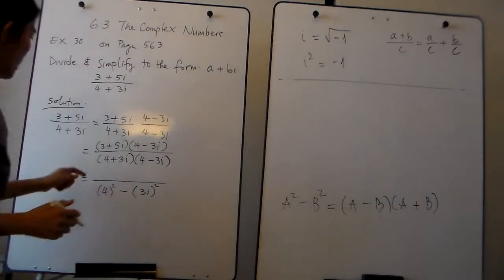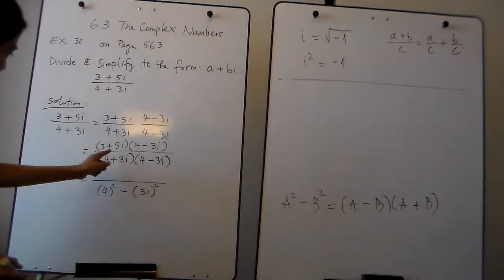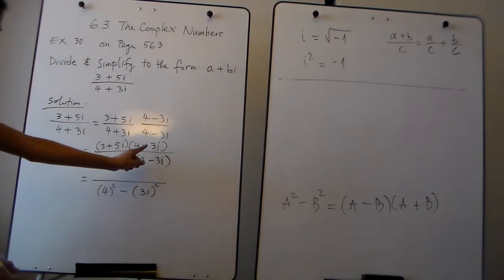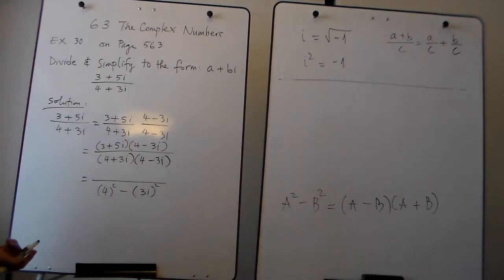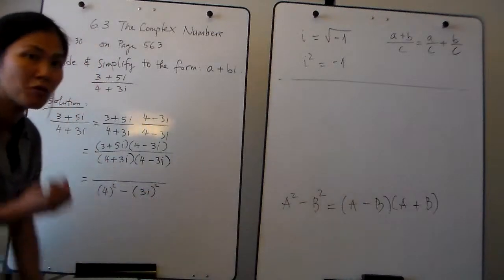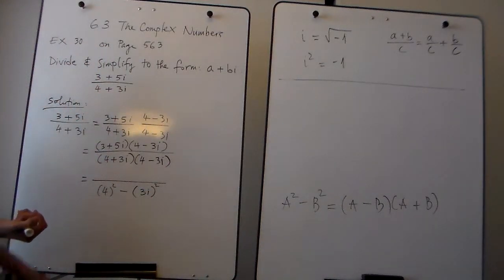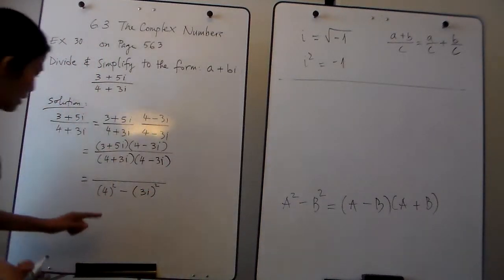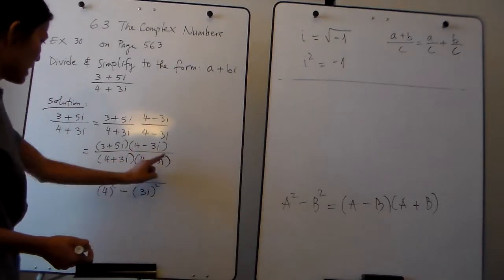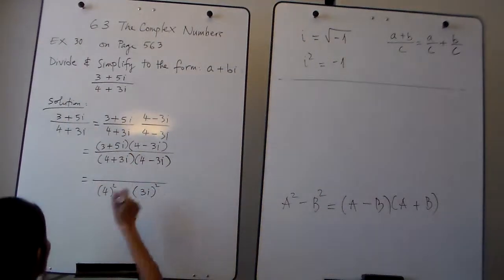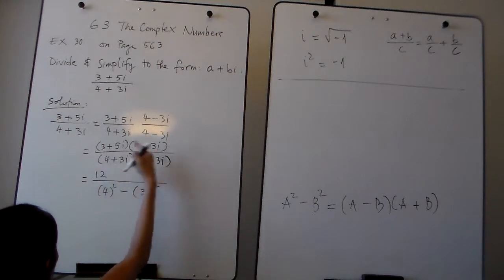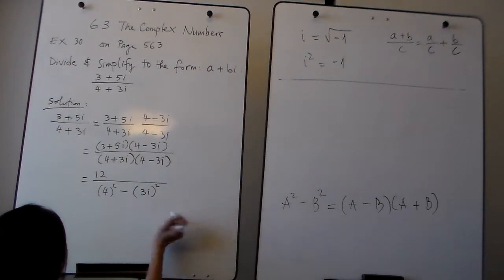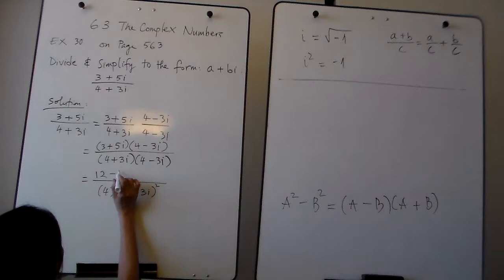Now for the numerator, 4 minus 3i is not the conjugate of 3 plus 5i, so you cannot use this formula. That means you will use the FOIL method. Take 3, multiply by each term inside the second factor. 3 times 4 is 12. 3 times negative 3i is negative 9i.